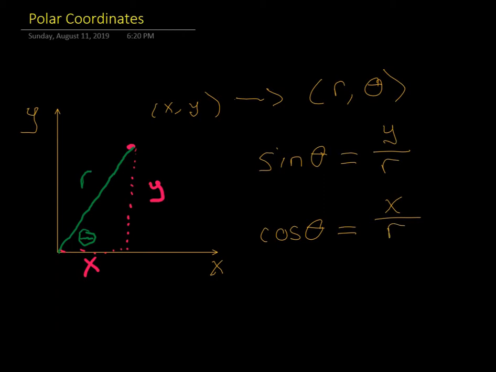And we also know that there's Pythagorean's theorem itself, that x squared plus y squared equals r squared. And there's other trig ratios we could set up. If somebody wanted to talk about secant or tangent or the others, we can certainly do that.